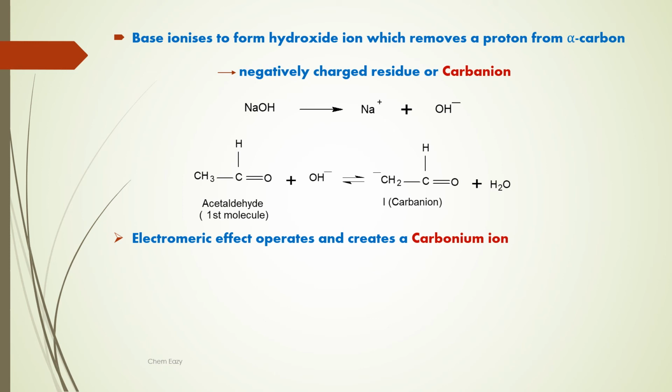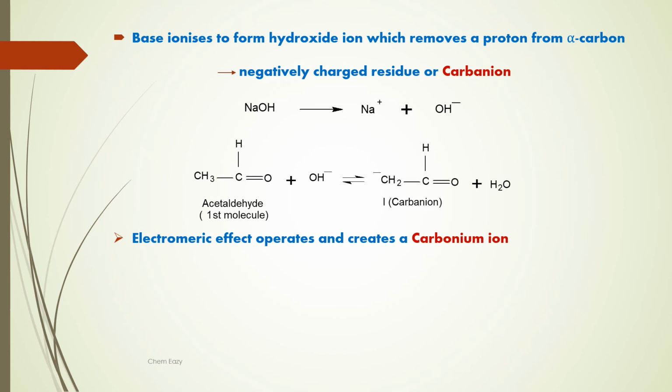By this process, after removal of the proton from the alpha carbon, a negatively charged residue or carbanion is produced, which is given as structure 1 in the reaction. This mechanism is explained for the condensation reaction between two molecules of acetaldehyde. In step 1, one molecule of acetaldehyde is involved.